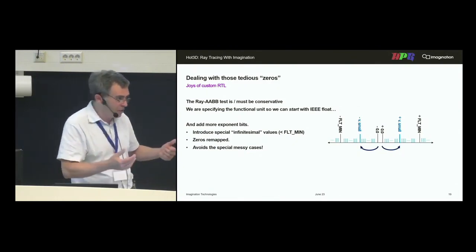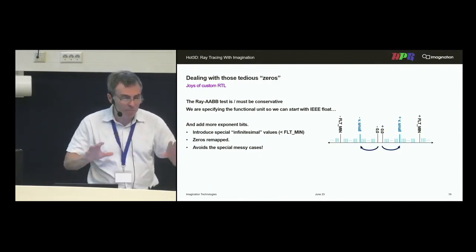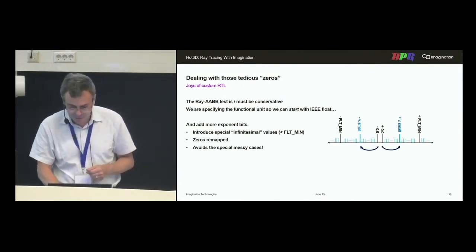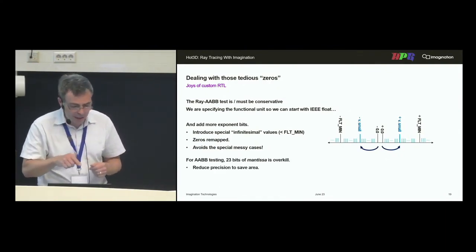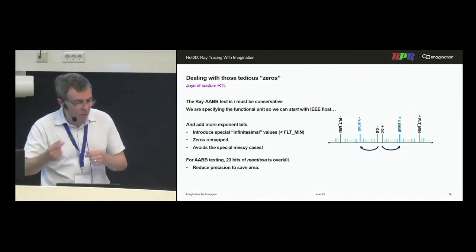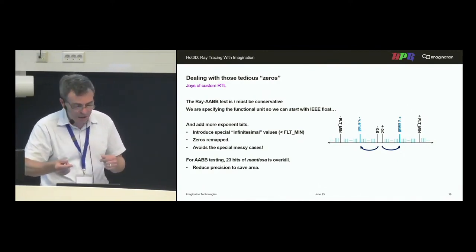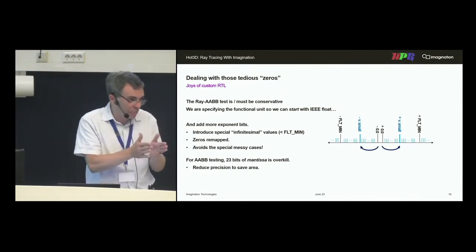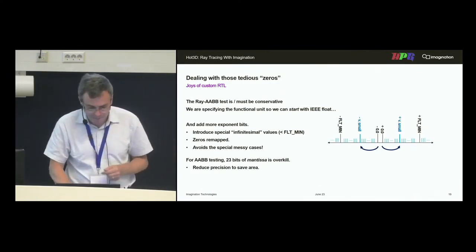Then all the messy cases are completely mopped up by just doing normal floating point exponent calculations. Now, to compensate, you don't need all 23 bits of the mantissa in the AABB test. It really is overkill. So we can prune off some of the bits there to get some area.